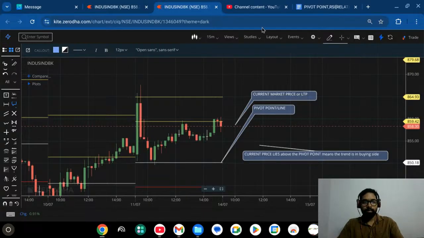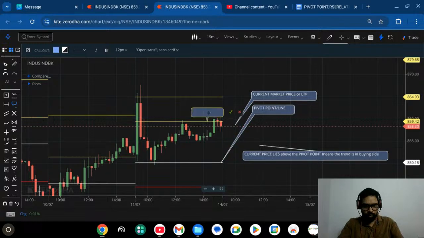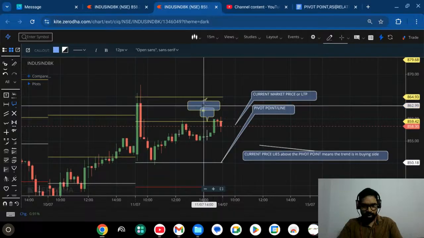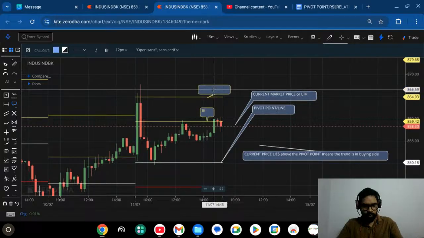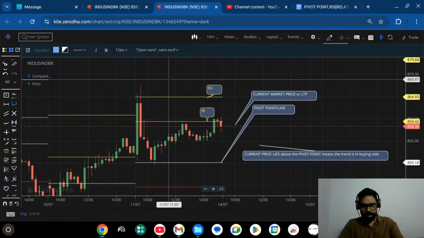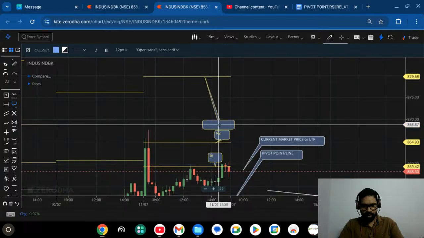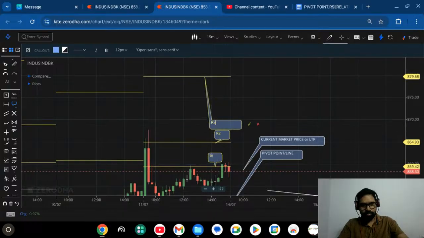So it can move to your resistance level 1. It can go to R2, resistance level 2, as well. It can go to resistance level 3 as well, depending upon the strength of the market, how much it can go to the maximum upper side.